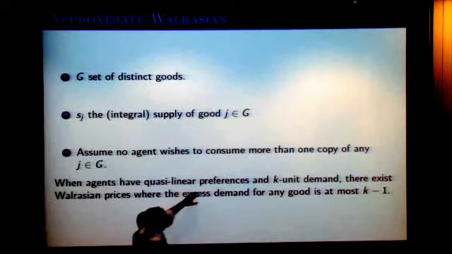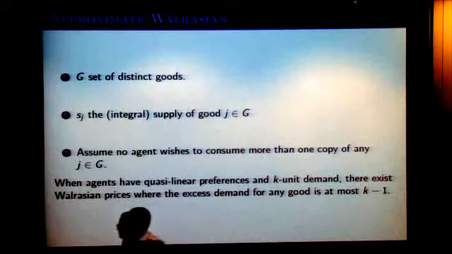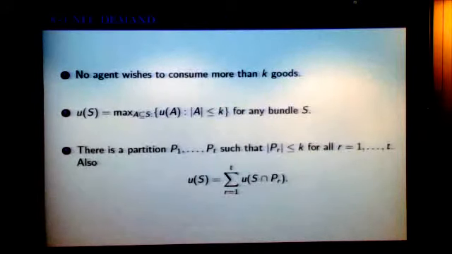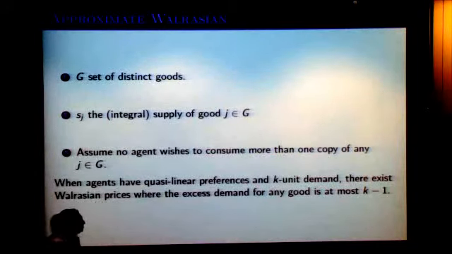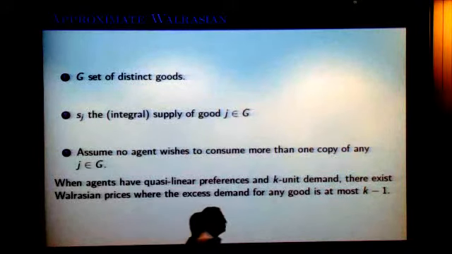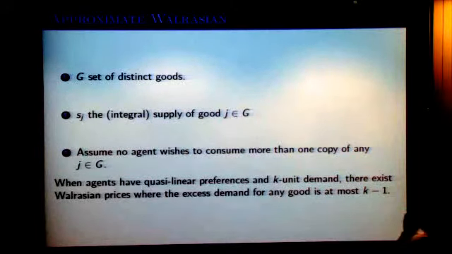When agents have quasi-linear preferences and k-unit demand, in other words, the preferences look like one of these things, then there exist valuation prices where the excess demand for any good is at most k minus 1. What's the interpretation of this? It is only interesting when k is much smaller than Sj, because this says, in a sense, that valuation prices approximately clear the market.